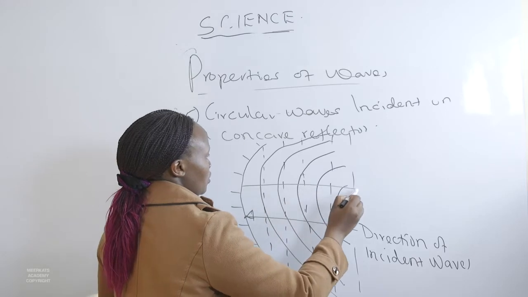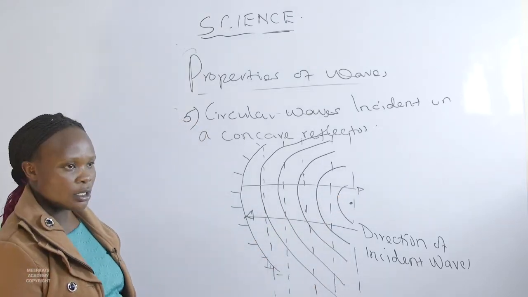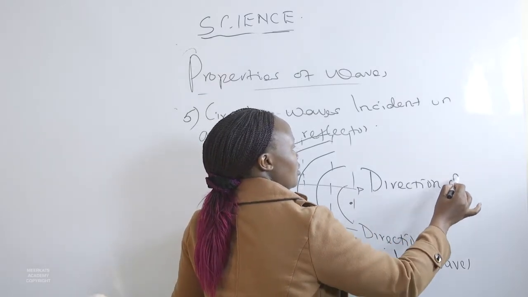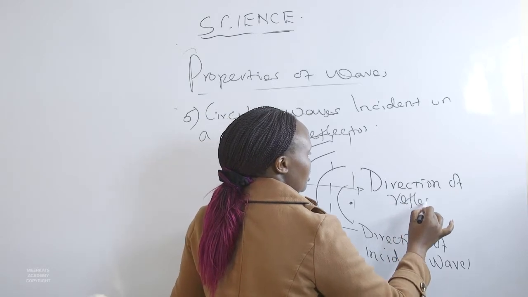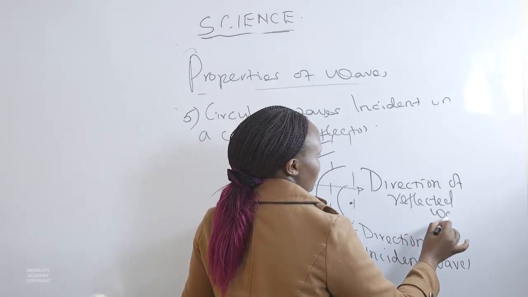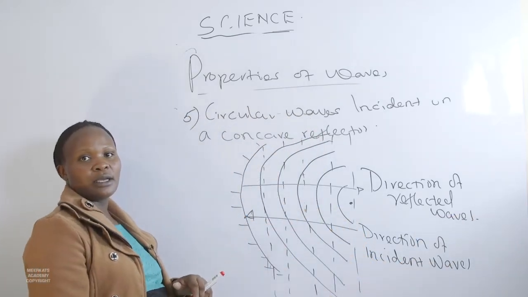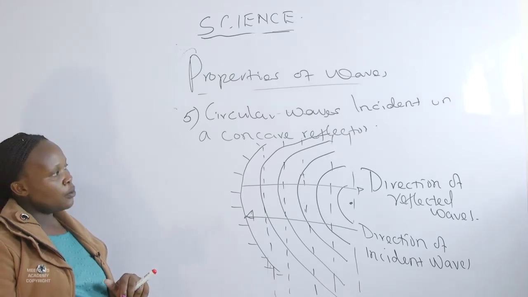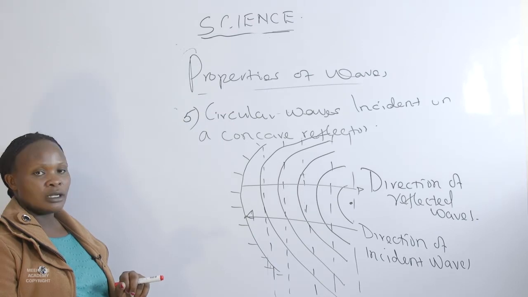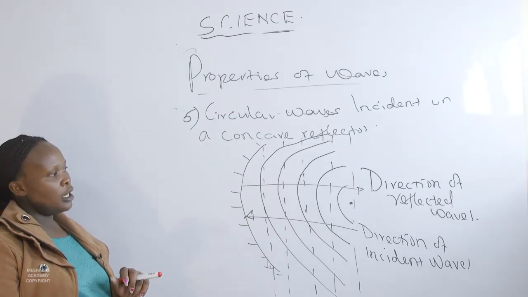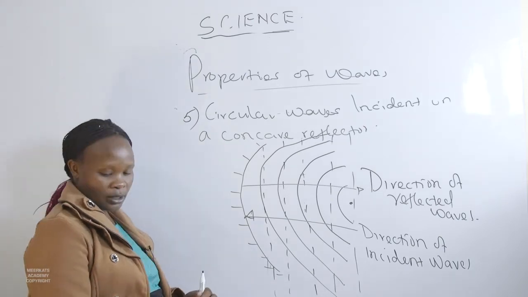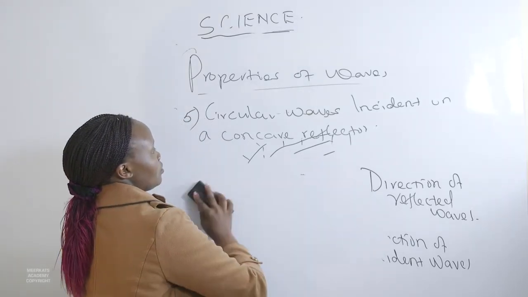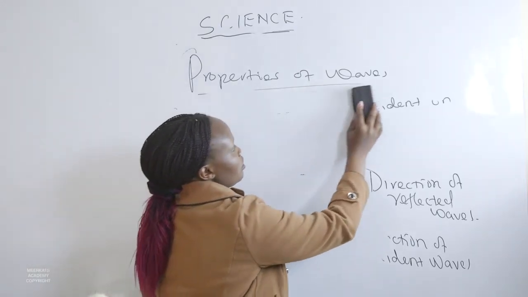So that now we have the opposite direction being the direction of reflected waves, only that this time they have changed from circular to plane. So clearly we can demonstrate that the shape of the reflecting surface is of utmost importance when it comes to the characteristics of the waves formed after reflection.